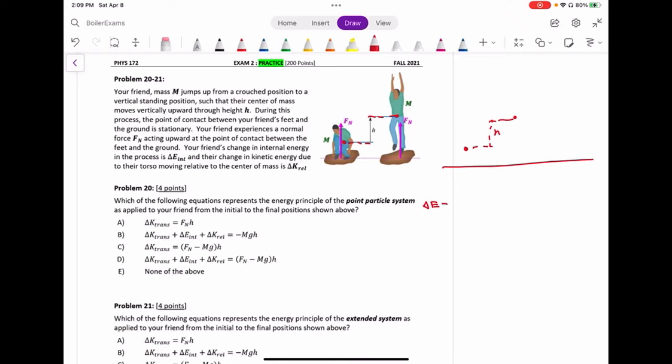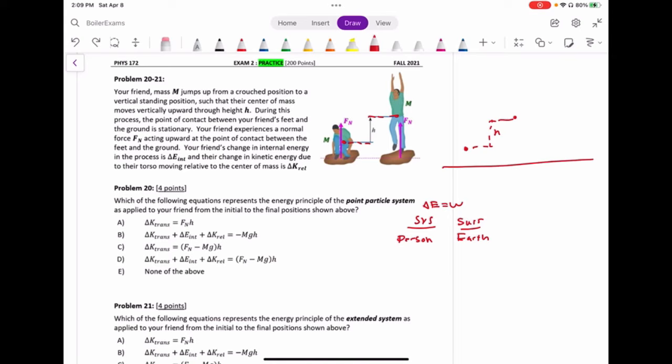We know delta E equals work. In our system, let's put the person, the friend. In our surroundings, we're going to put Earth, because I'm just looking at the answers. They put gravity on the right hand side.